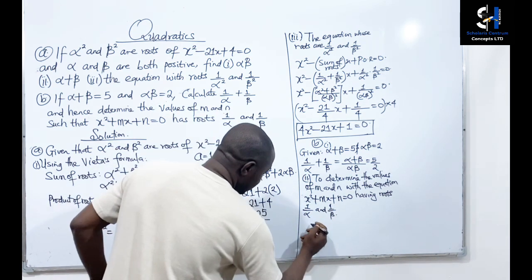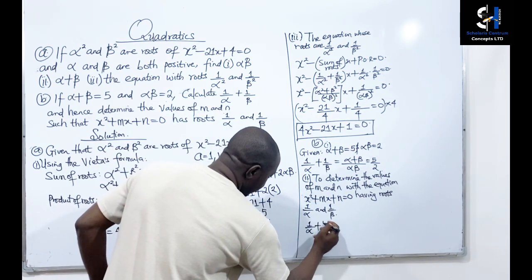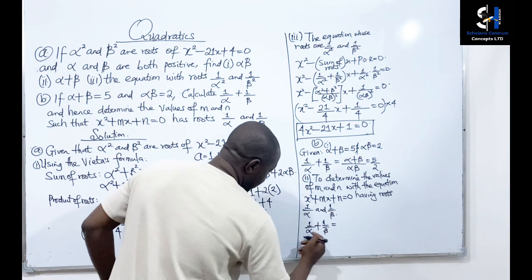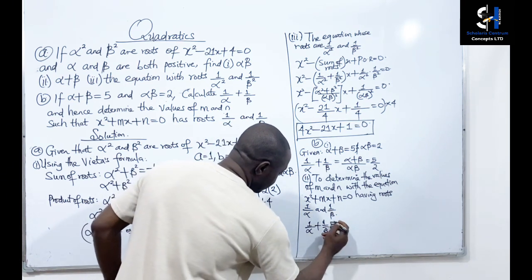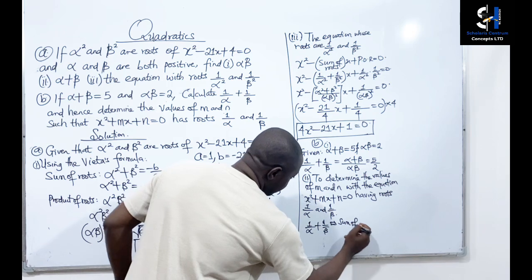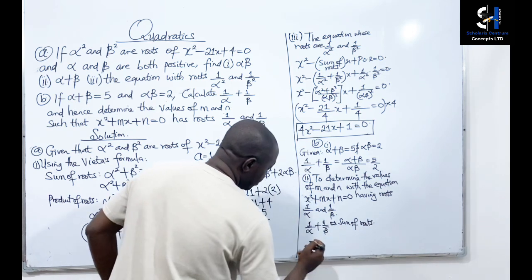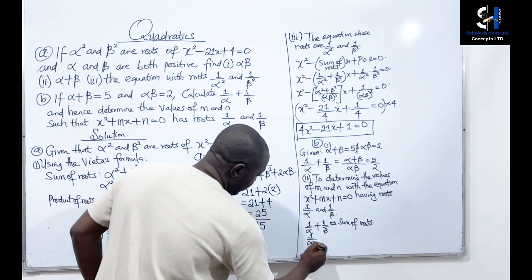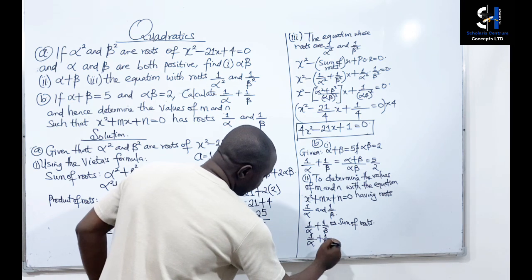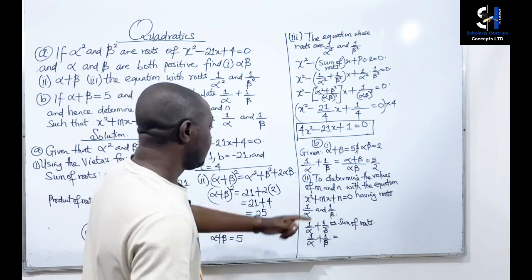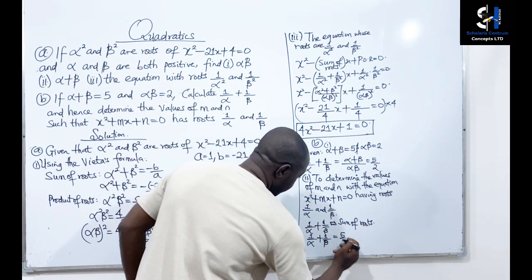We know that 1 over alpha plus 1 over beta is the sum of roots, and its value is 5 over 2.